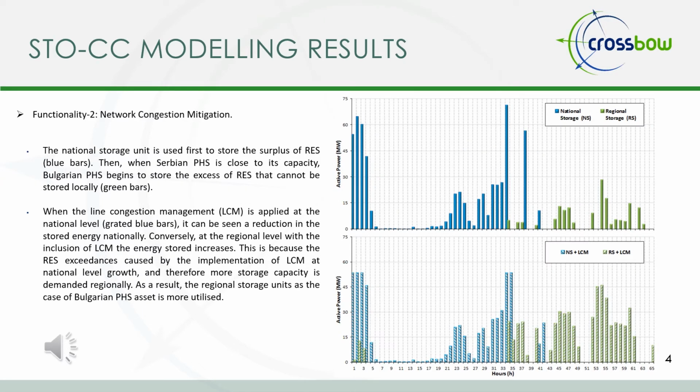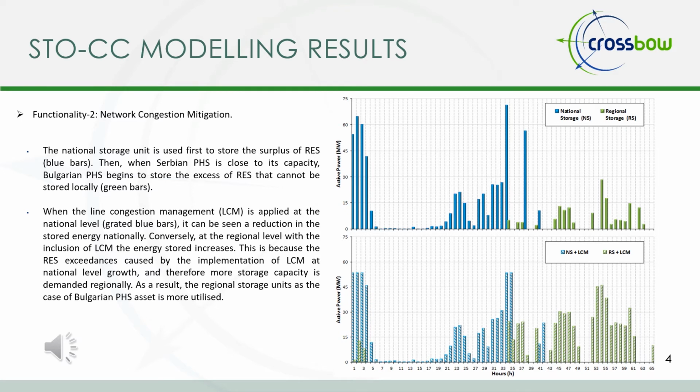The second functionality that we are going to present for STO-CC is the network congestion mitigation. So the national storage unit is used first to store the surplus of renewable energy. This is represented by the blue bar in the top figure.